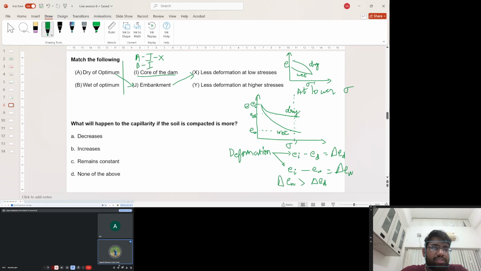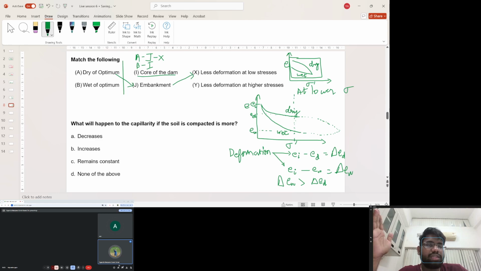This part of the graph is just an extension of this, right? So ideally it will result in an equal void ratio. That is how this is.